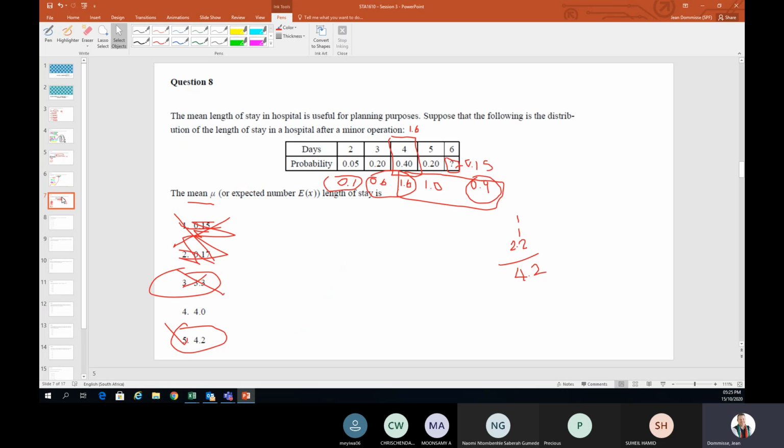And then the other thing that they can ask you is working out the mean. I haven't seen in one of the exams that they ask you to work out the variance, not in a question like question 8.